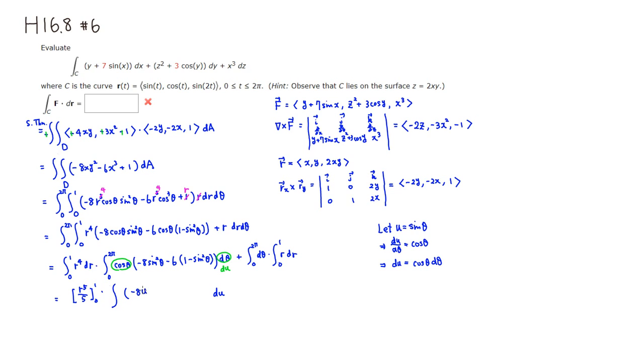So it's 8u squared minus 6 times 1 minus u squared. And when theta goes from 0 to 2 pi, the corresponding u would be: sine of 0 is 0, and sine of 2 pi is also 0. So you are actually going from 0 to 0.